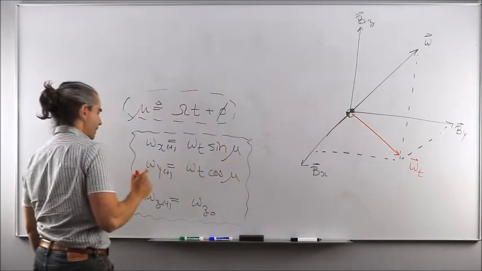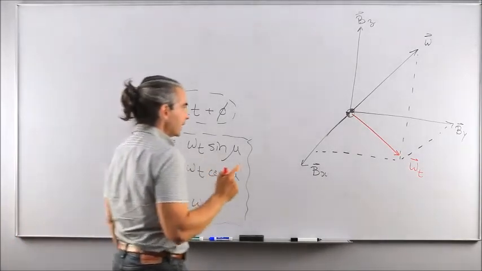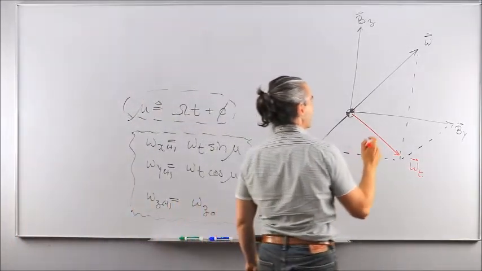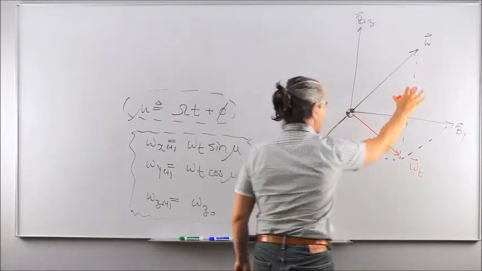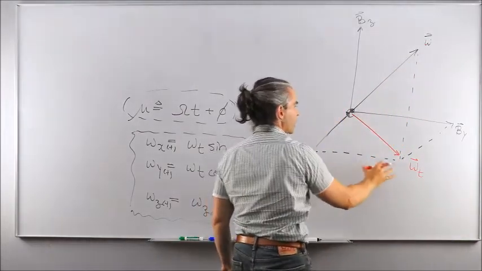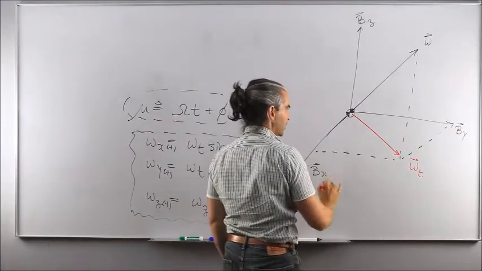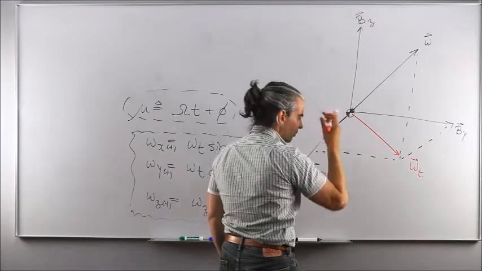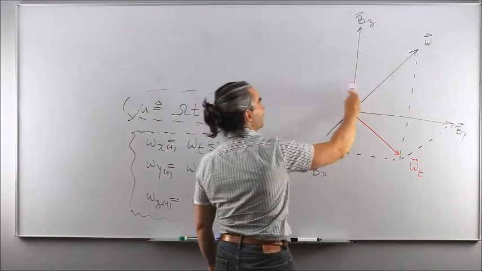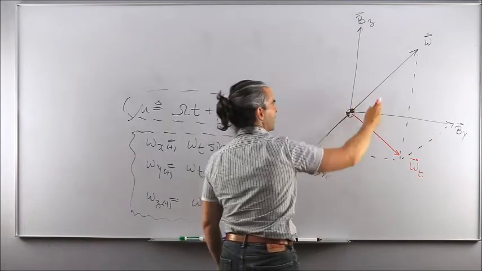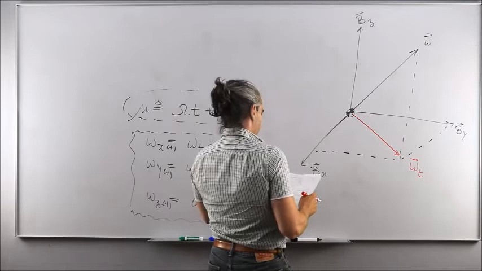And in fact, just by looking at those expressions, we are able to say that the x and y components, or the projection of my angular velocity vector onto this plane, which happens to be omega t, will draw a circle onto this plane, which implies that as this vector swings and rotates about bz, its projection will draw a circle.